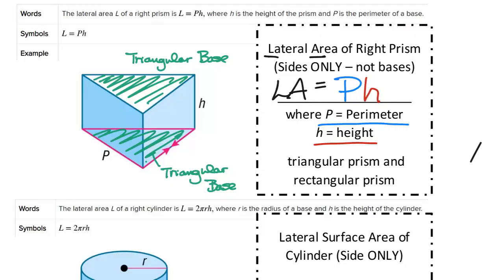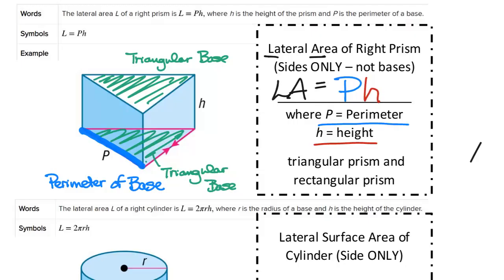When you find perimeter, you are taking perimeter of your base. So let's find what this perimeter is.